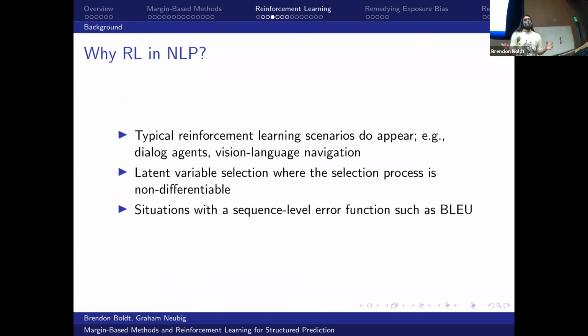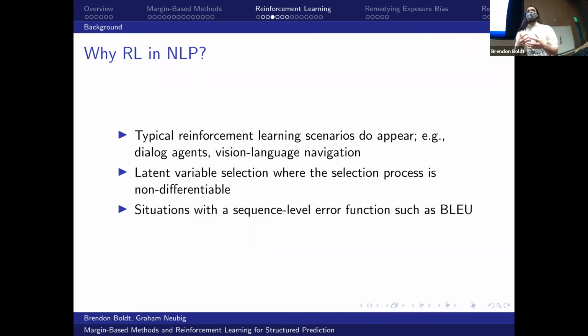But still, why are we talking about reinforcement learning in a natural language processing class? Well, sometimes we just have situations in natural language processing that look like what I'd call a traditional RL problem. If we're training a dialogue agent, then our agent is going to take a certain number of actions, which are going to be producing utterances or responses to other agents in the dialogue.